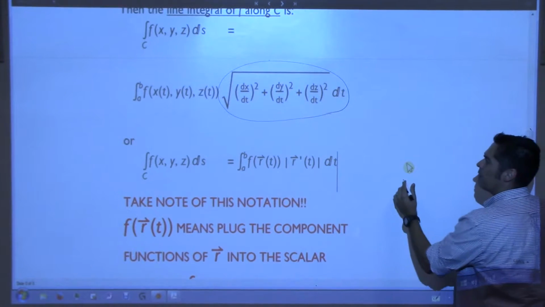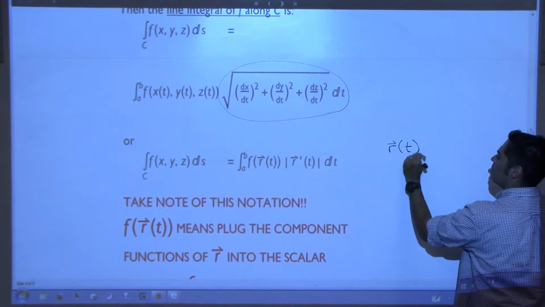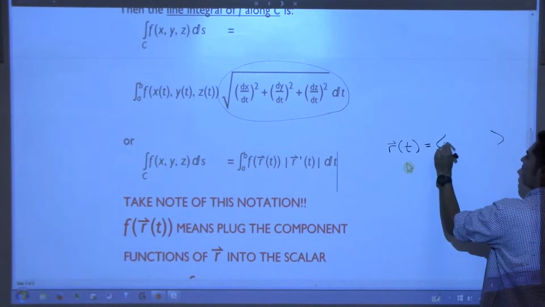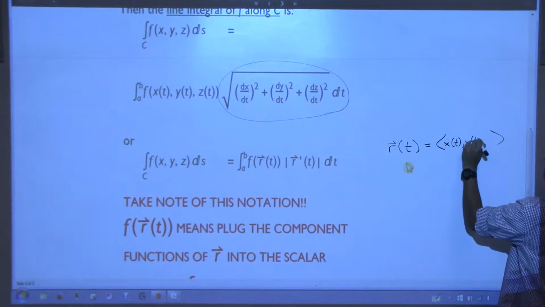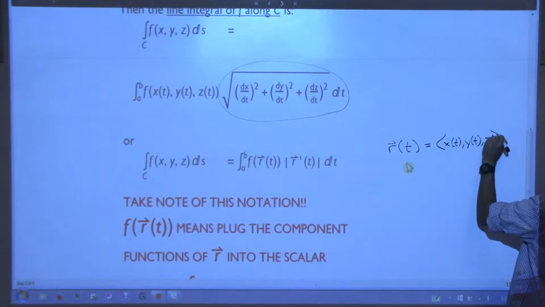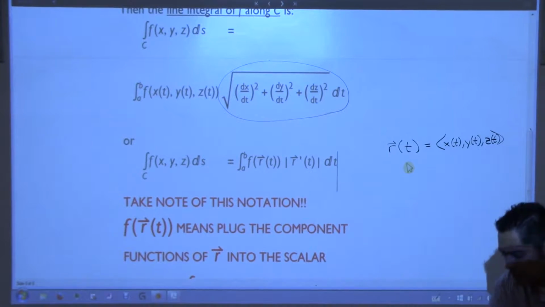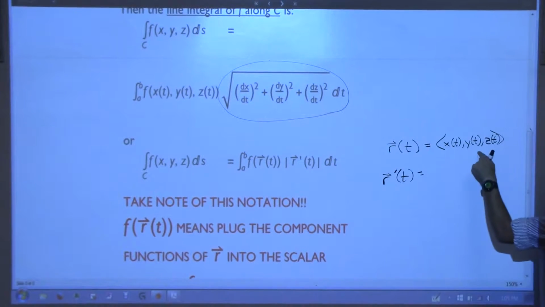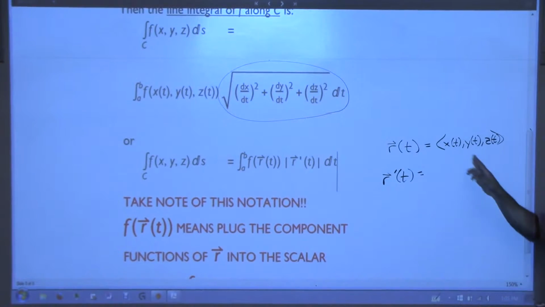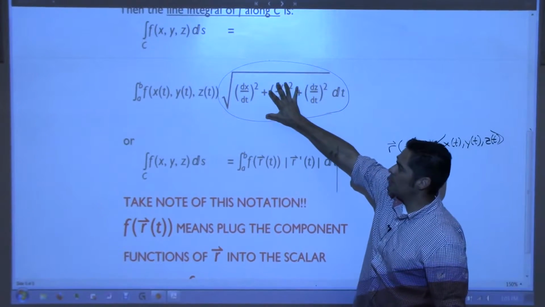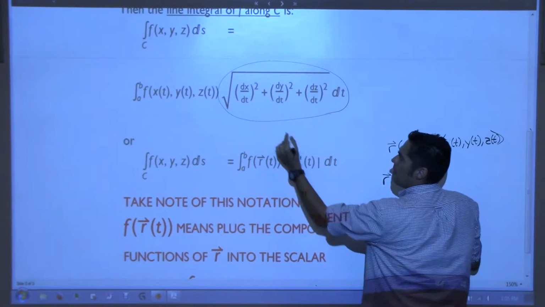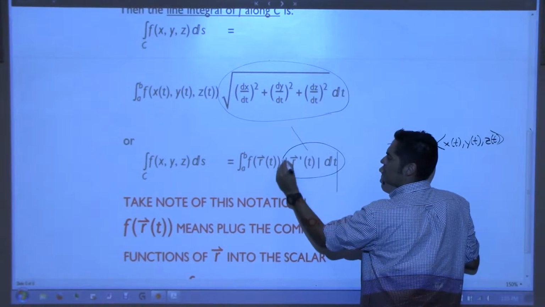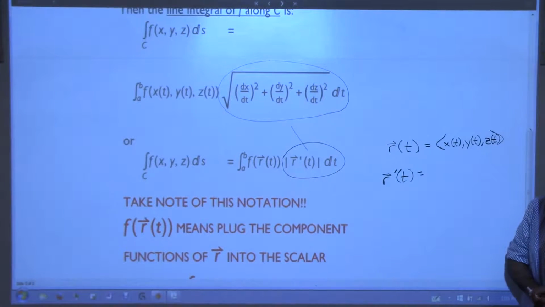So remember, if we have a vector function, r of t, which was given to us by x of t, y of t, z of t, then if I ask you for the magnitude of the derivative of this, you would just take the derivative of each one, which I could say dx dt, dy dt, dz dt, and then you take the square root of each of those squared, and that's what this is. So what we recognize is that that piece is this. It's just a different way of writing this line integral.